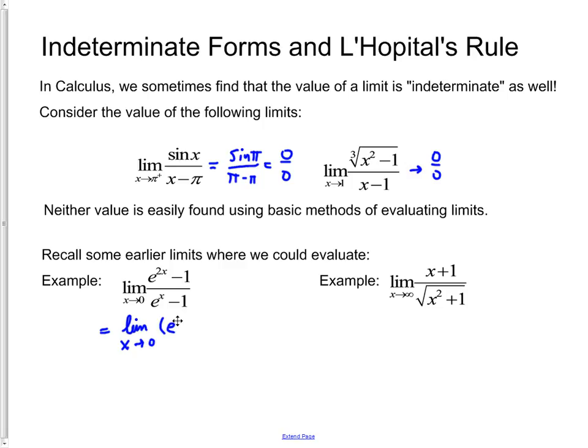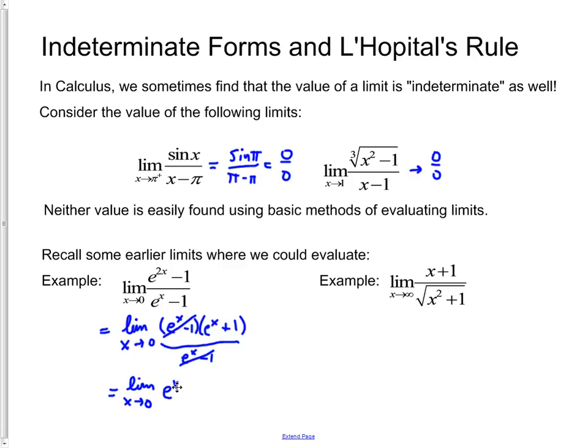That's e to the x minus 1 times e to the x plus 1, and we're dividing by e to the x minus 1. Since that's a common factor, and we don't really care what happens at x equals 0, just as long as we're looking at the behavior as x approaches 0, the behavior of the function e to the x plus 1 as x approaches 0 will be exactly the same as the behavior of e to the 2x minus 1 over e to the x minus 1.